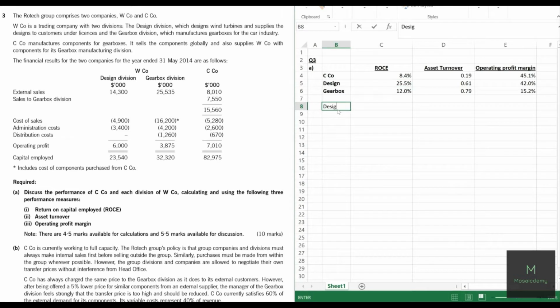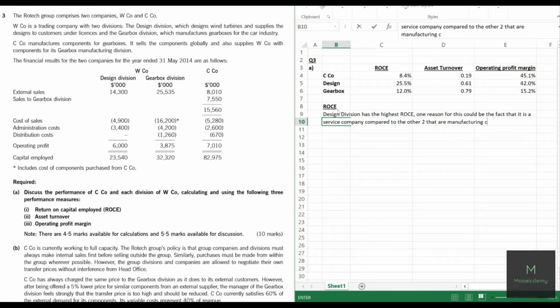So design division, so let's give headings so that we can mention which formula, which ratio we're analyzing each time. So design division has the highest ROC. One reason for this could be, you don't need to be definitive, just use light wording, the fact that it is a service company compared to the other two that are manufacturing companies.